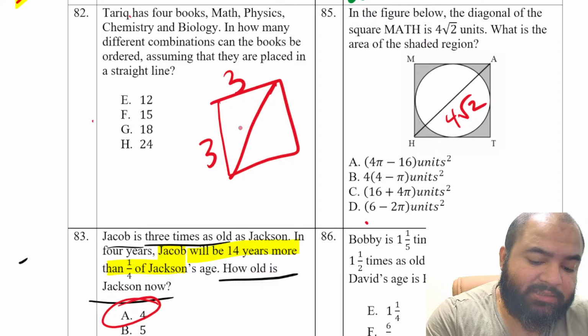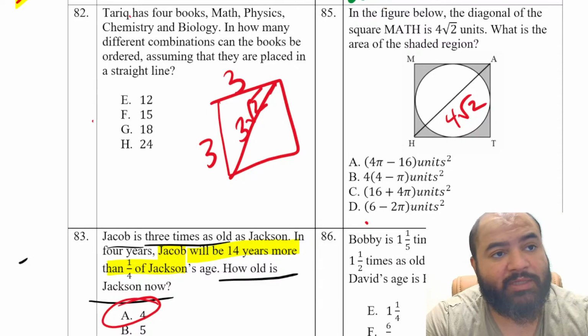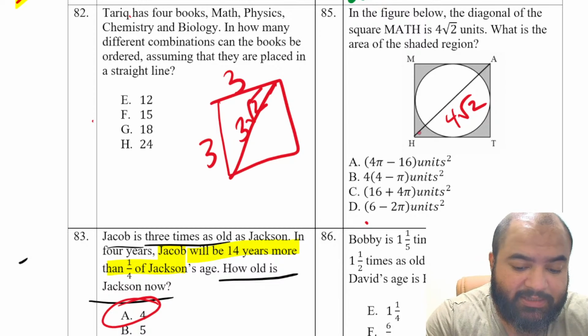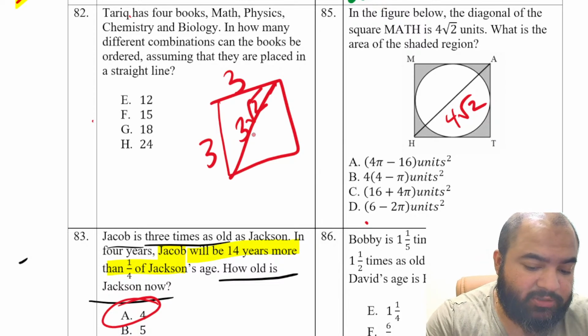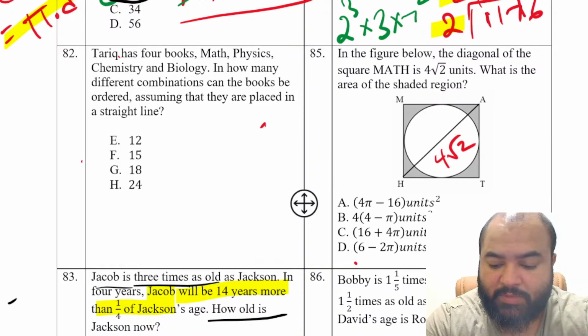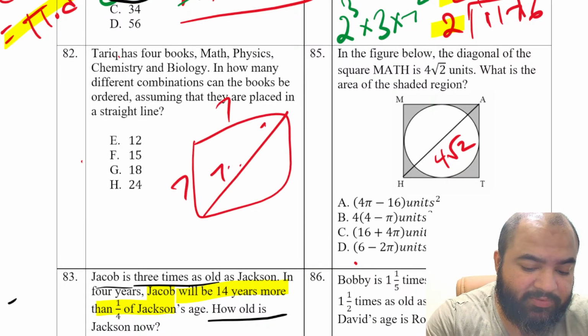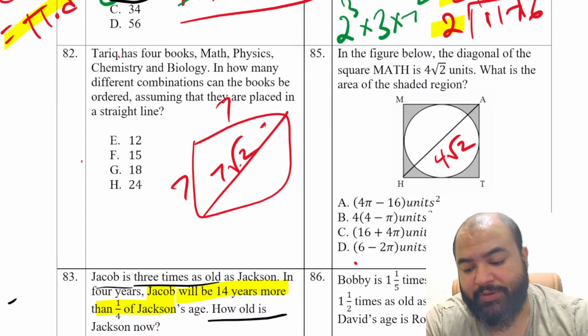So if each side is 3, the diagonal will be 3 radical 2. Good. That's what works. So this works for a square, all squares. If you have each side 7 by 7, it will be 7 radical 2. Just put a radical 2 next to it.